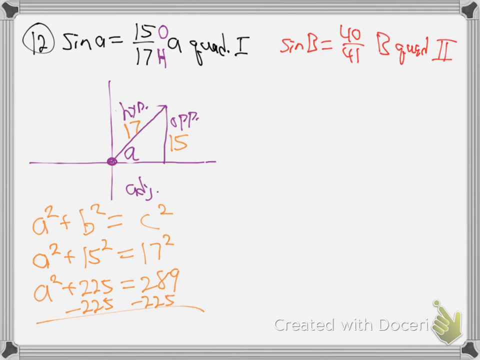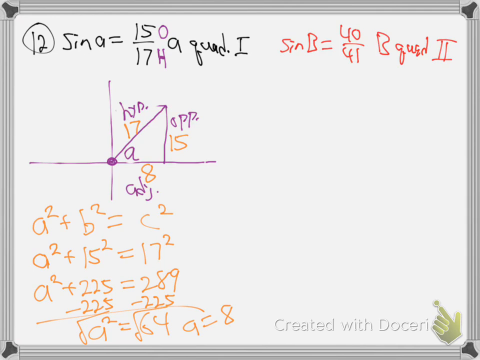Subtract 225, A squared is 64. Then root it. A is 8, so this side is 8.